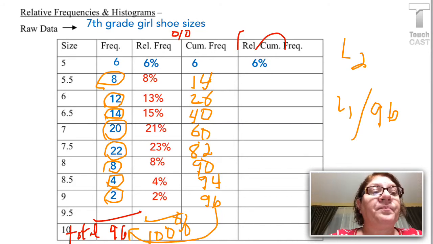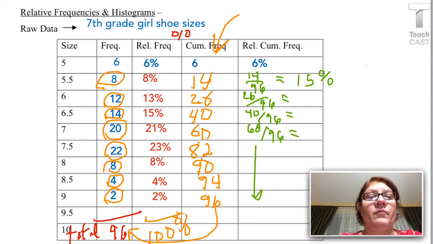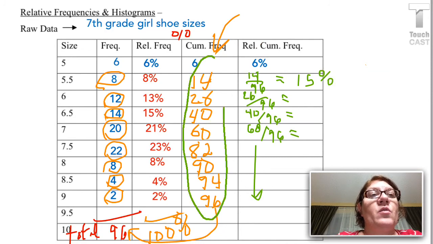And then finally, on the relative cumulative, now I'm simply taking this cumulative column and I'm going to do it out of the total. Okay, so if you've noticed, I'm taking, again, the cumulative frequencies, so these, and I'm doing them relative to the total, which was 96.